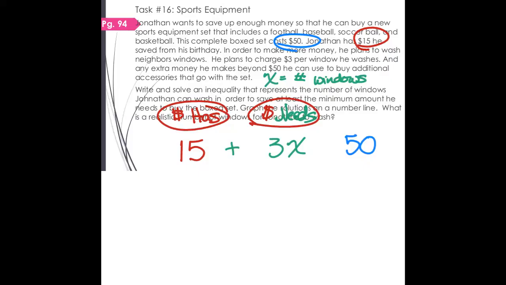Wait, let's share. You've shared a lot, and I appreciate that. Morgan, what do you think? Less than or equal to. Okay. Let's talk about this. Less than or equal to. So, what is the lowest amount he can make to be able to get this box set? 50 exactly, right?